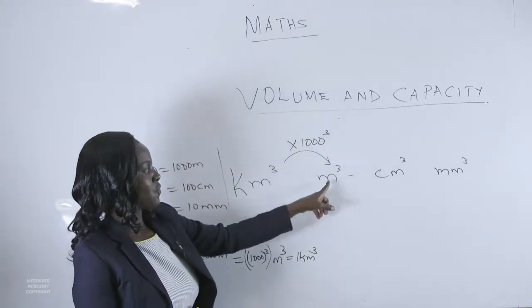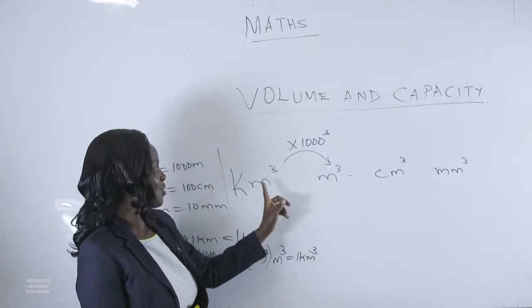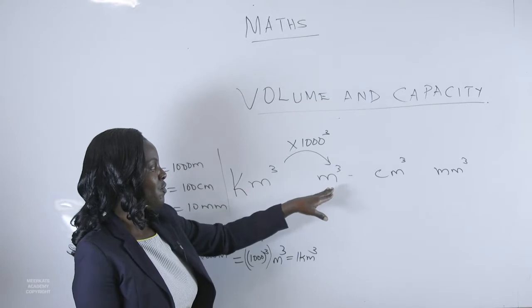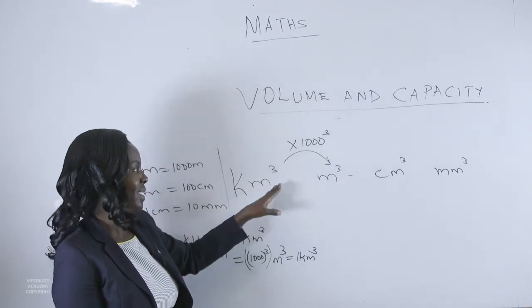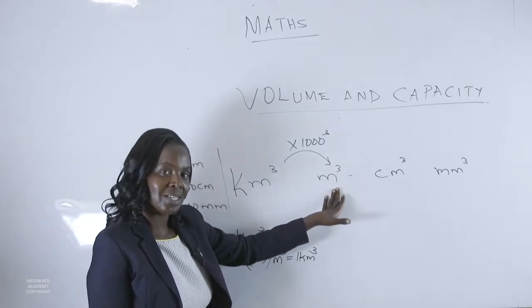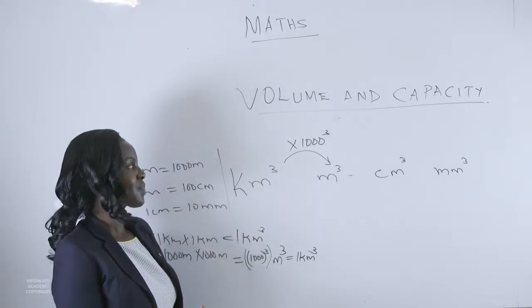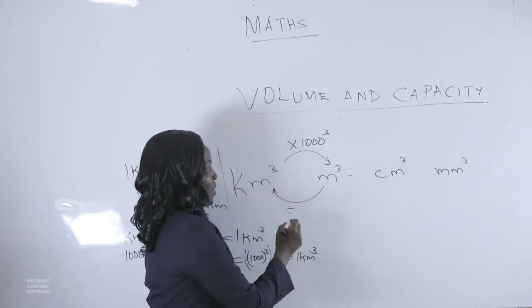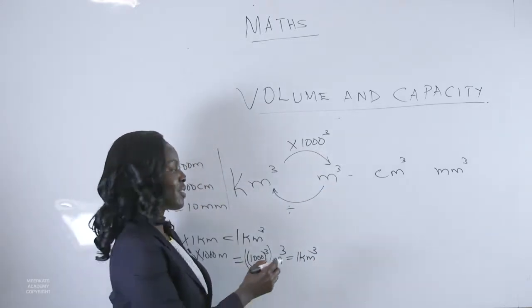If we are supposed to move from cubic meters to cubic kilometers, what are we supposed to do? Because we are moving from a smaller unit to a larger unit. And from our last lessons, we said if you are moving from a smaller unit to a larger unit, you divide.